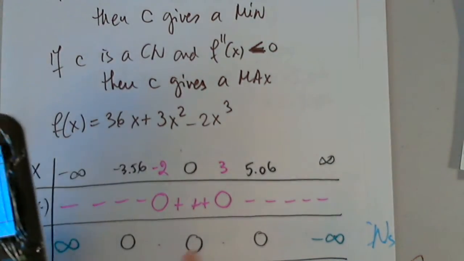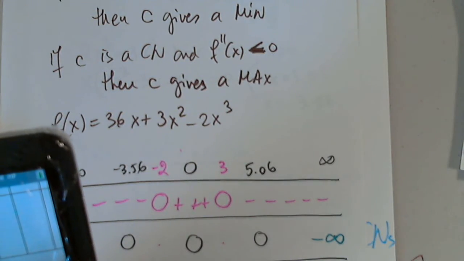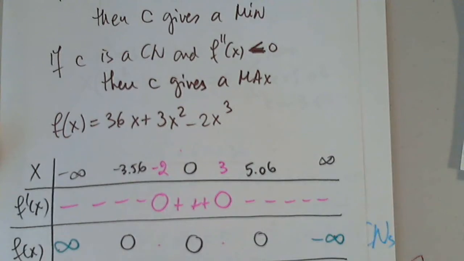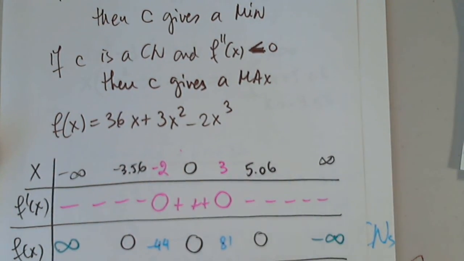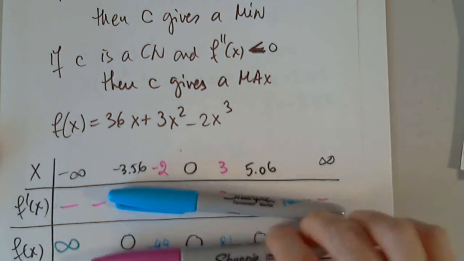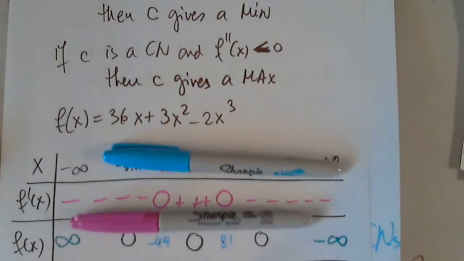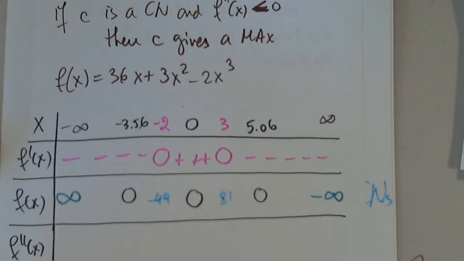And I am going to punch in negative 2 and then 3. And for negative 2, I got negative 44. And for the other one, 81. Now this is the moment of truth. See if these two work well. If they don't, I'll say, well, I wasted some time. Have to go back and redo.